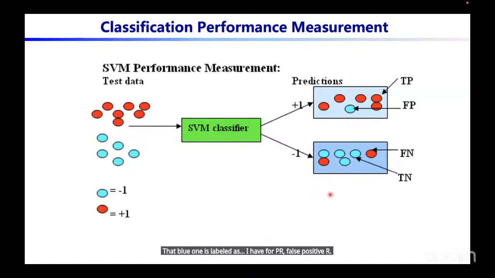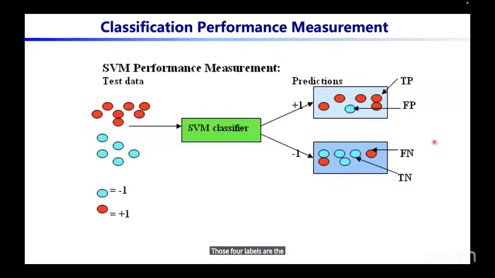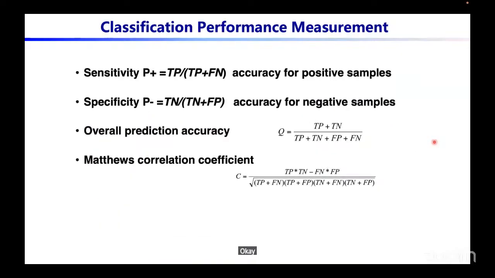The fourth situation is a red one incorrectly predicted as negative. This is labeled FN, or false negative. So we have four labels. Those four labels are the ones we use to measure the performance of an AI. There are multiple values to measure the performance.